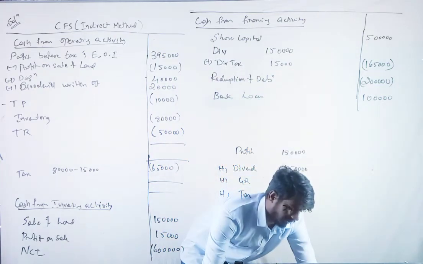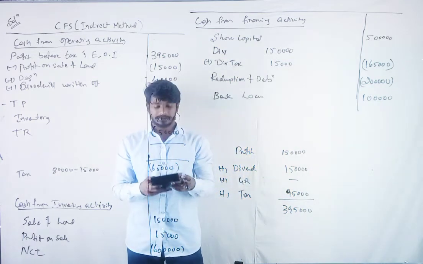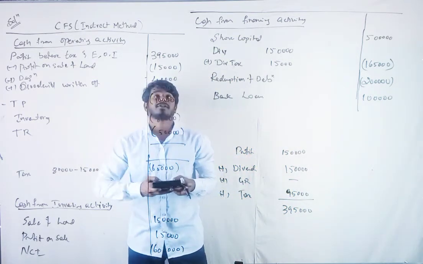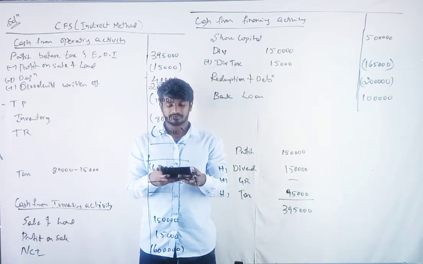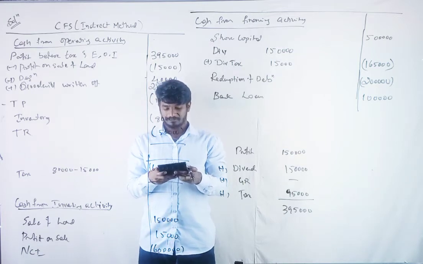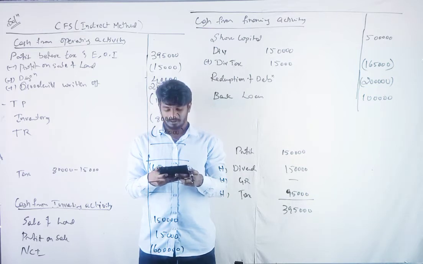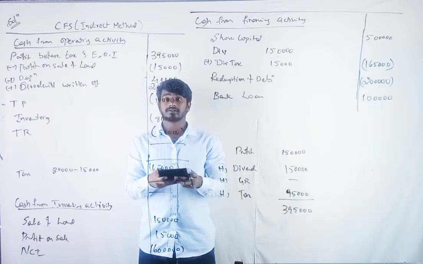Shall we calculate? Yes, 3,95,000 minus 15,000, then add 40,000, add again 20,000, minus 10,000, again minus 80,000, minus 50,000.